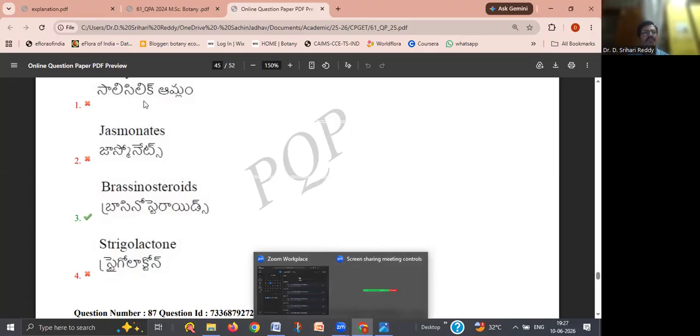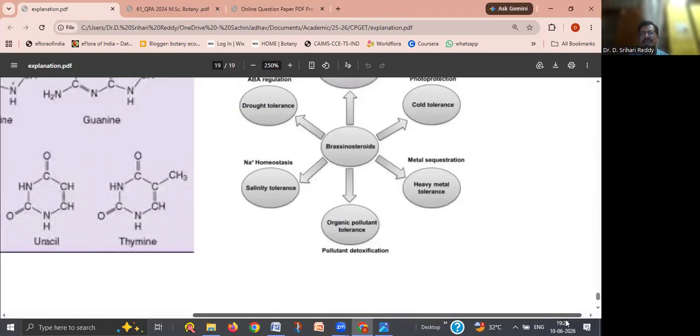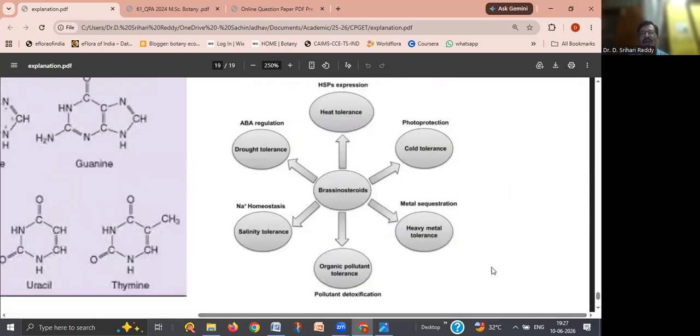Now about the brassinosteroids. They are very important because they have several features. Due to the presence of brassinosteroids, plants get heat tolerance.